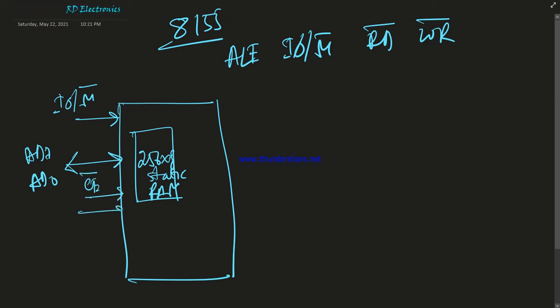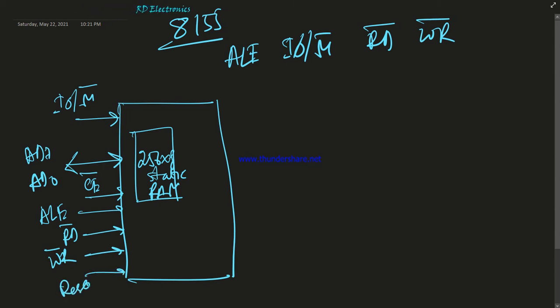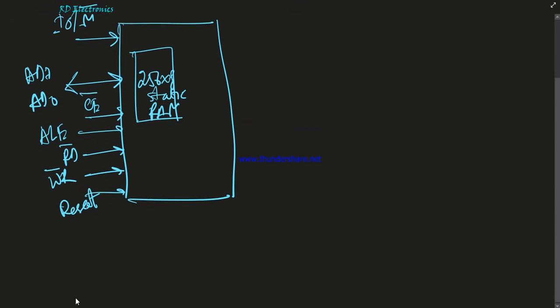This is address latch enable, which is used for the address to select the RAM, or to send or receive data from this peripheral chip. This is read bar for read facilities. This is write bar for write facilities. One extra pin is the reset pin, to reset the 8155 peripheral chip.